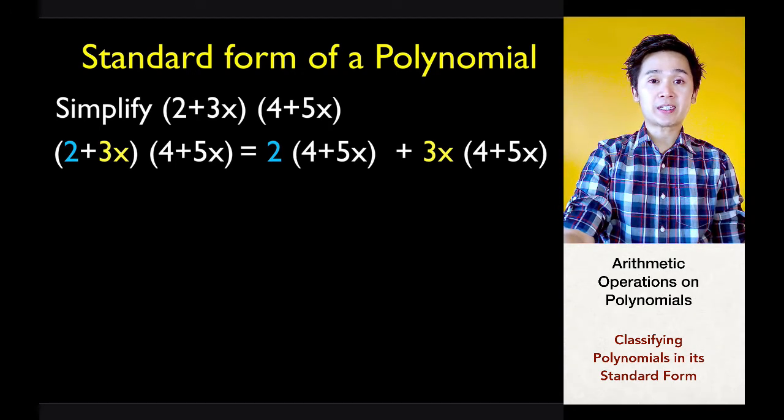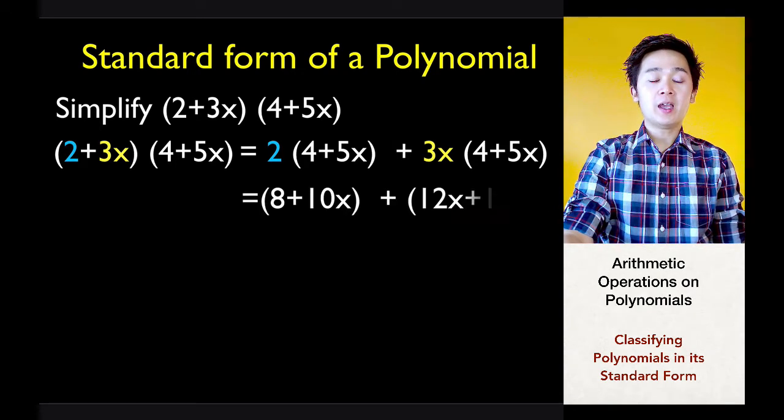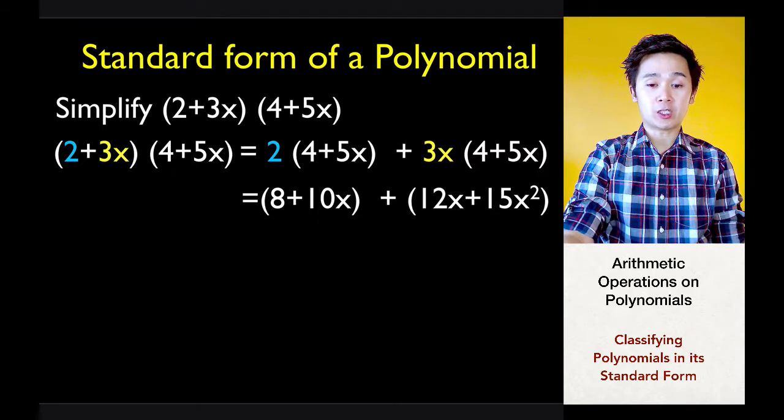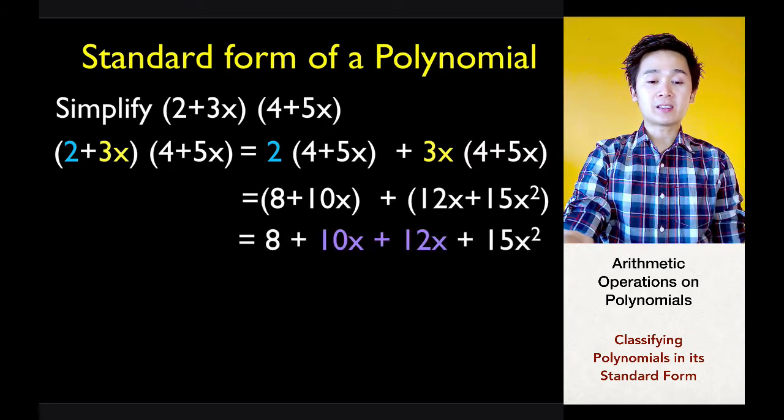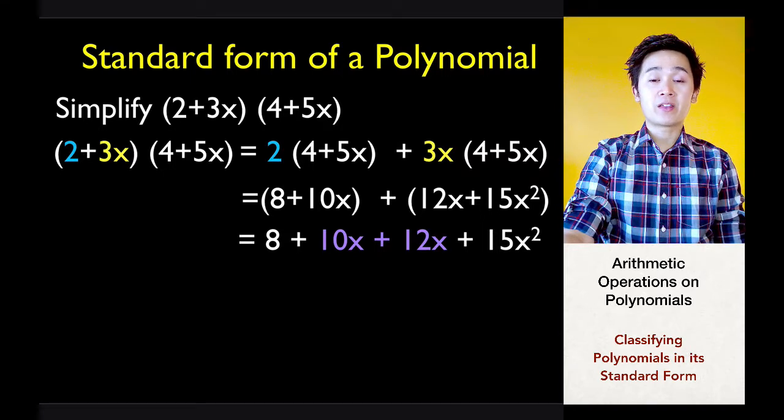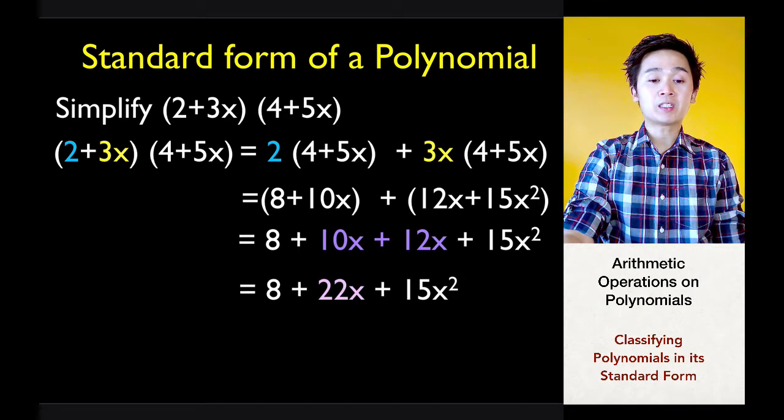plus 15x squared. So this will be our second level of the polynomial by the distributive property, and by applying the associative property, we know we can just get rid of the parentheses and combine like terms. In this case, we'll notice that 10x and 12x are the only like terms. So we can combine them and we'll end up with 8 plus 22x plus 15x squared.